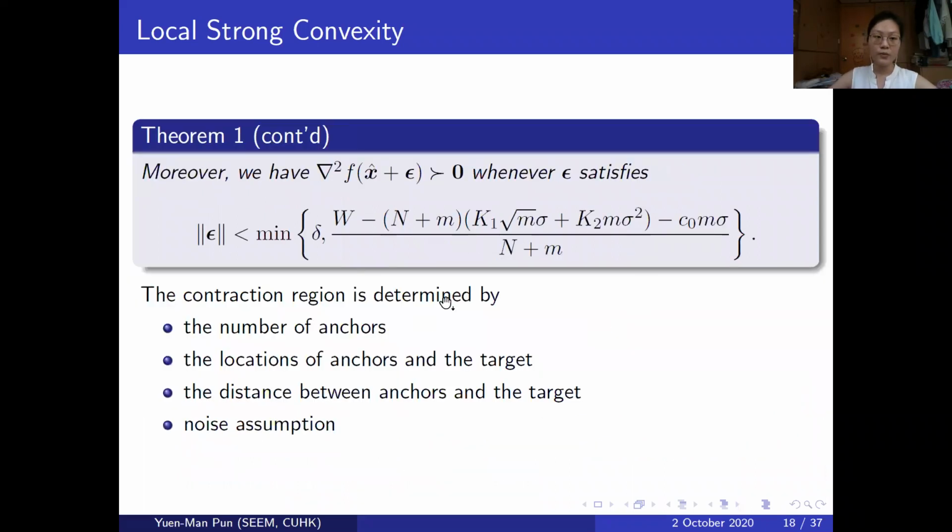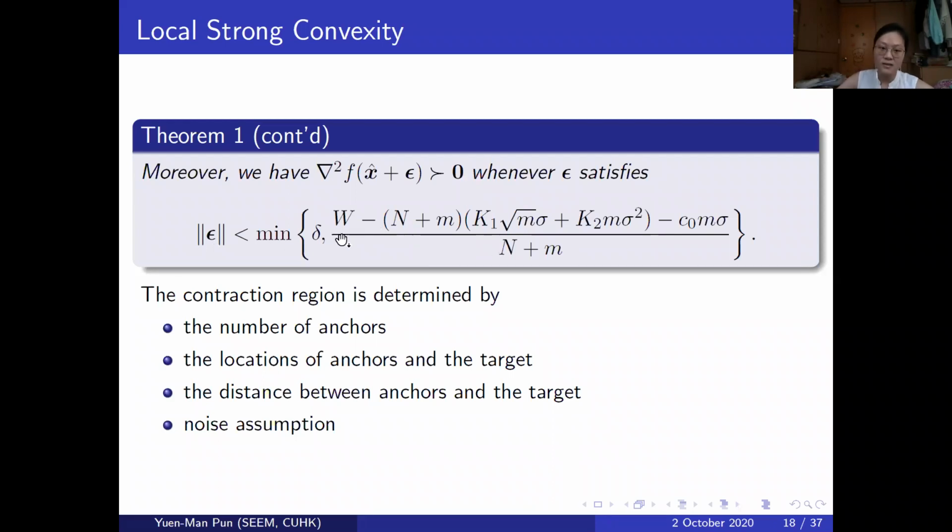So in this theorem, we also give the strong convexity region. For vectors near the MLE, we have the Hessian also being PD, as long as the norm of epsilon is not too big, and it is given by the minimum of delta and this quantity.